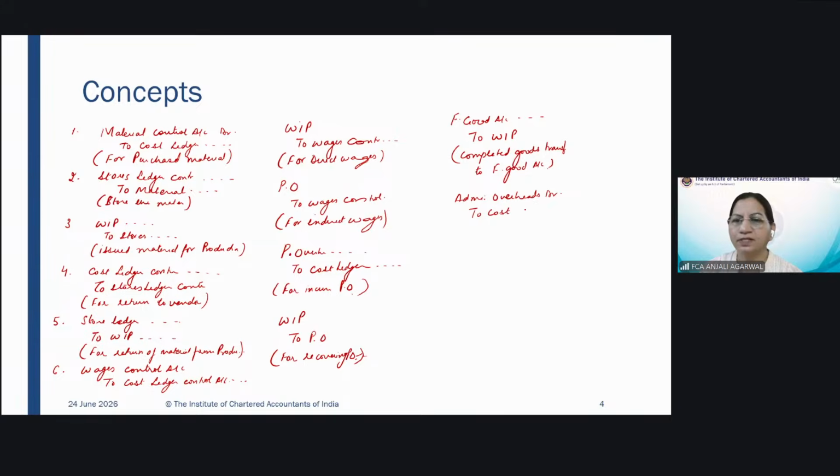So administration overheads incurred is administration overheads debit to cost ledger control account. These administration overheads will be recovered from the finished goods account.